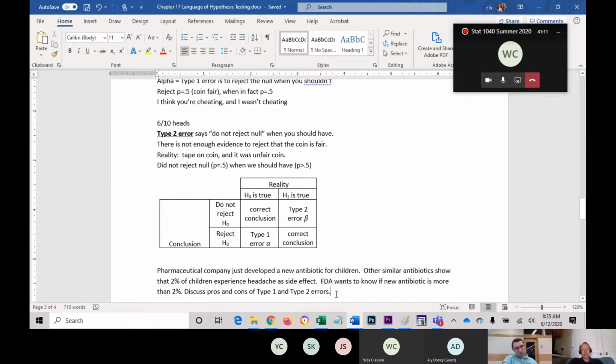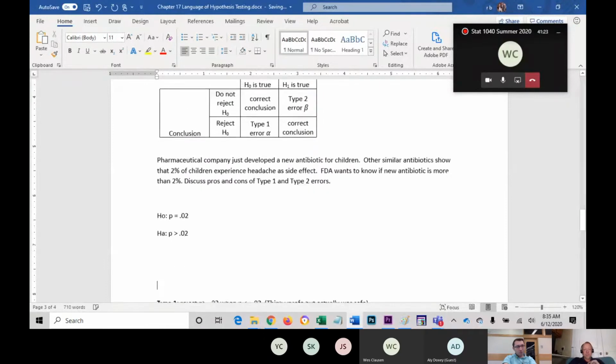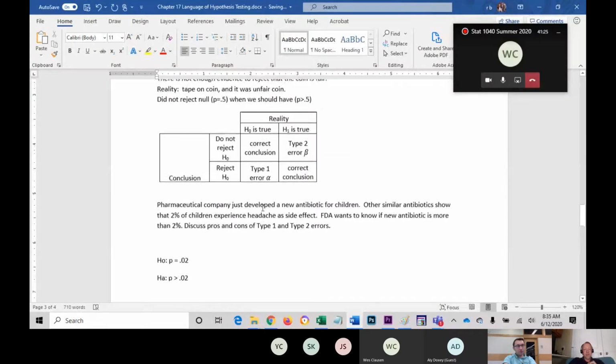So as we talk about this, we talked about this earlier. The null hypothesis is you've got 2% of kids that get a headache as a side effect. The alternative is the FDA wants to know if there's more with the new antibiotic.